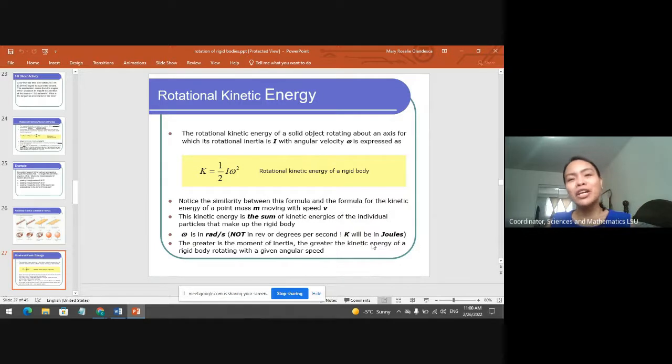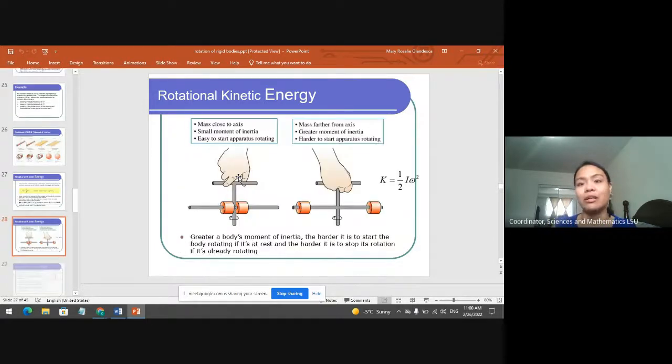We also have the rotational kinetic energy, which is 1/2 I omega squared. For kinetic energy, we have 1/2 mv squared, right? If you can still recall. For rotational, instead of mass, we use the moment of inertia, and instead of velocity, we use the angular velocity.